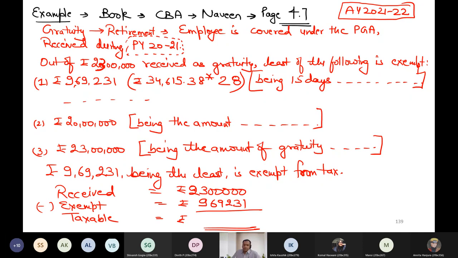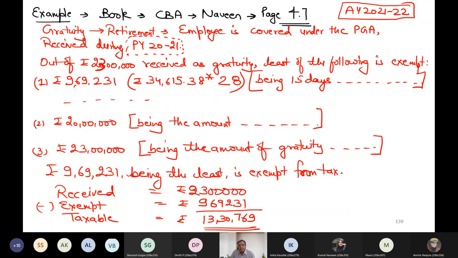How much is taxable? It will be 13 lakh 30,769. This is the value which I have learned now, and this is what we will do in the entire chapter.